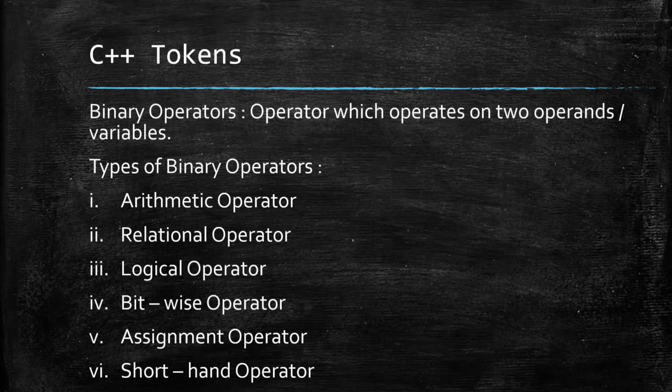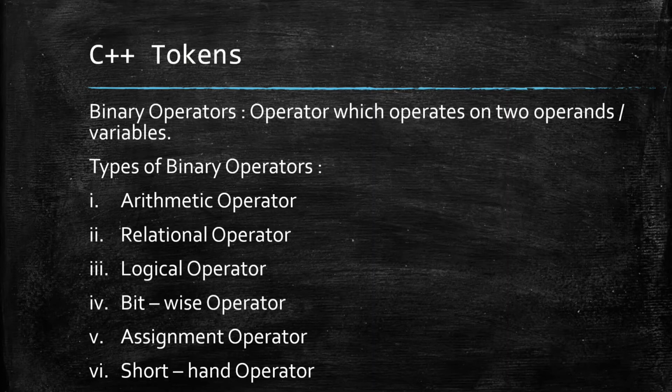Next, we are having binary operators. Now we are completed with our unary operators. Now coming to the binary operators. What are these binary operators? The operator which operates on two operands or variables. So unary, we saw, operates only on one operand or one variable, like a plus plus, a minus minus.